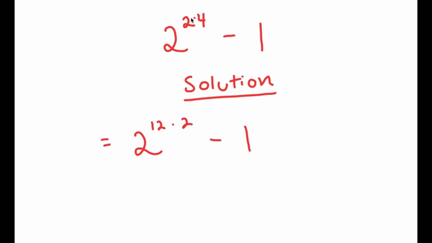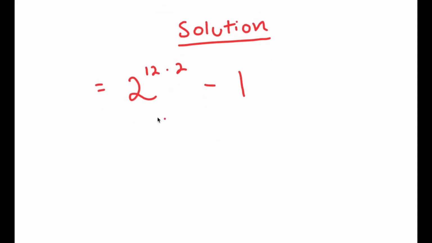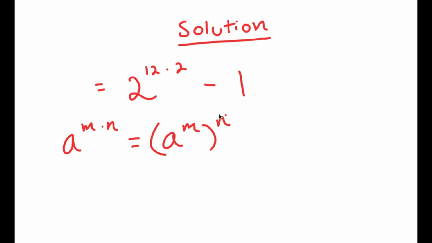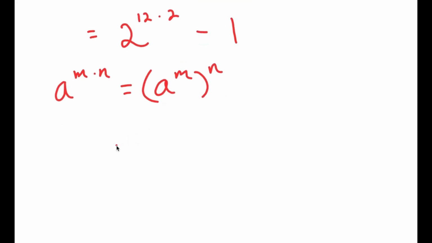So all I did was I rewrote 24 as 12 times 2. And now, if I have something in the form a to the power of m times n, this is equal to a to the power of m to the power of n. So 2 to the power of 12 times 2, I can rewrite this as 2 to the power of 12 to the power of 2.